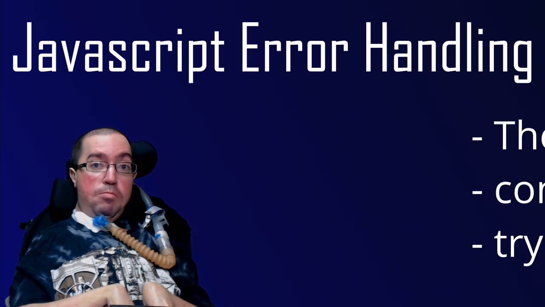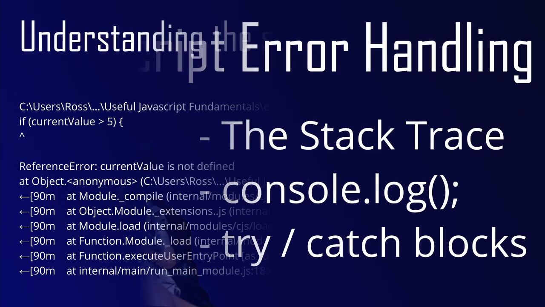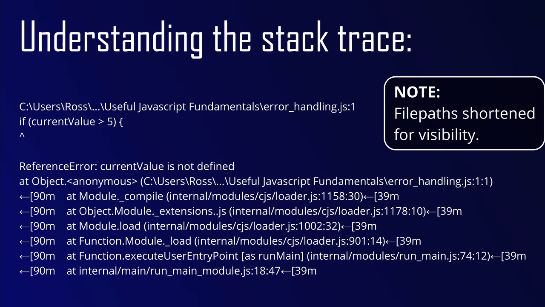Now then, when dealing with errors in JavaScript, there are three tools you'll use most often: the stack trace, console.log, and try catch blocks. If you've been experimenting with the concepts covered in our previous videos, you have probably already seen the stack trace a few times.